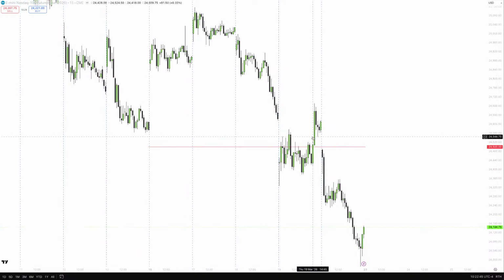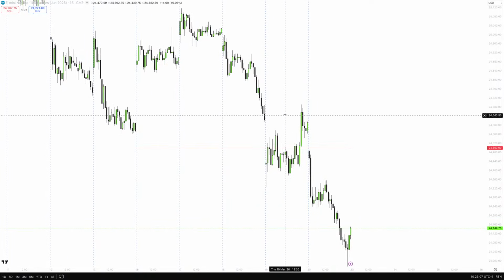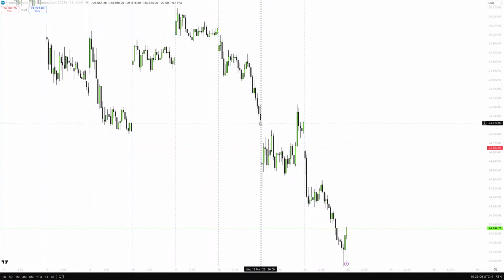A gap up is if we open up higher at 9:30 than we closed at the previous day at 4 p.m. So in this case, that would have been a gap higher, a gap up. And for example, in this case or in this case, it would have been a gap lower. So we opened up lower at 9:30 than we closed the previous day at 4 p.m.